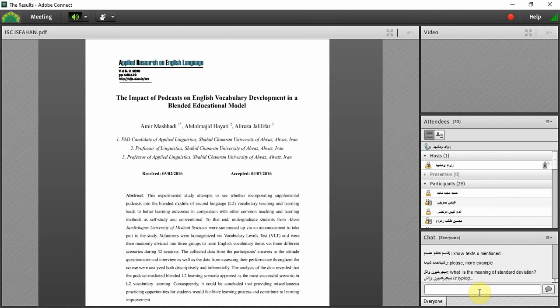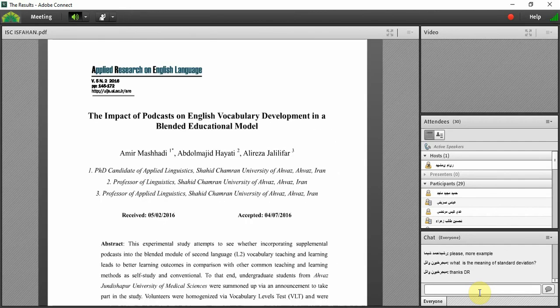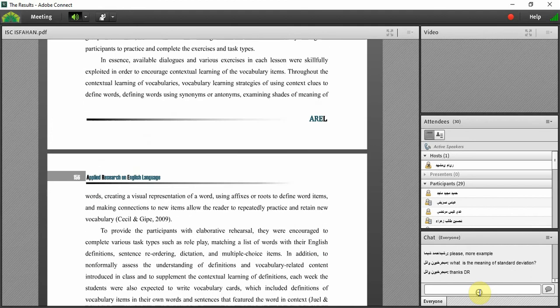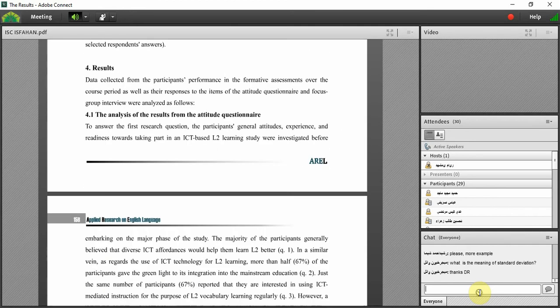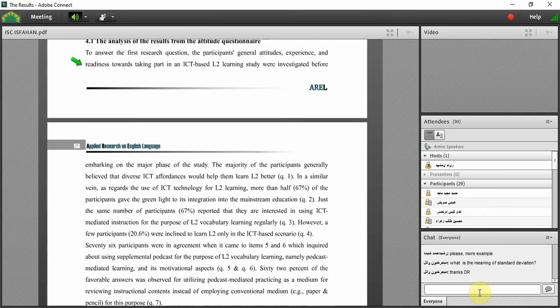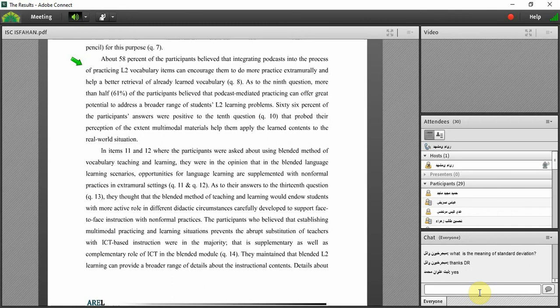This is another article from me, published in another journal. Let me show you the results section. Yeah, this is the results section. See everybody? Do you see the numbers everywhere?